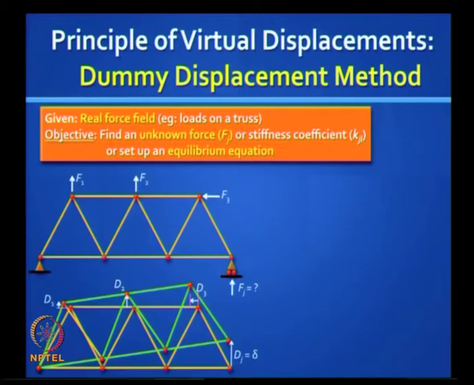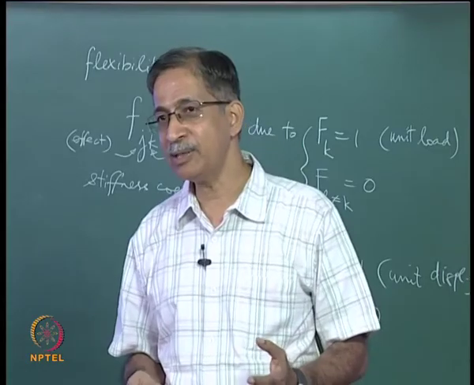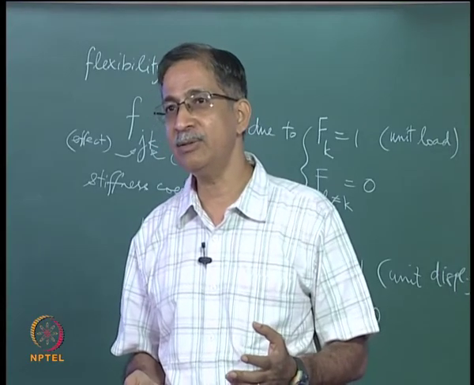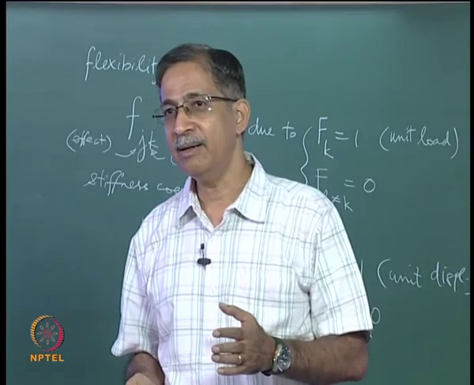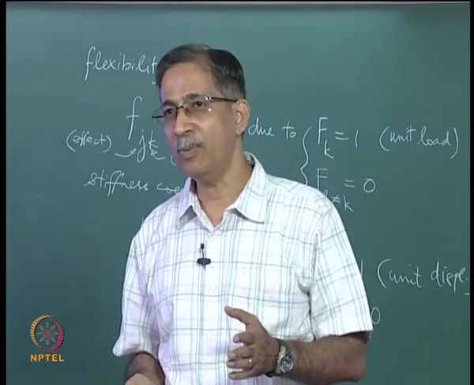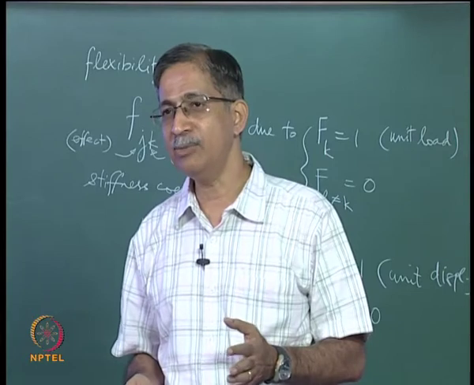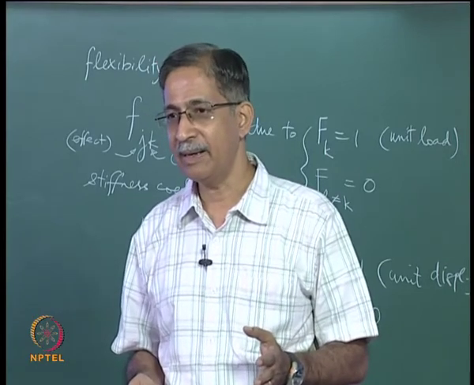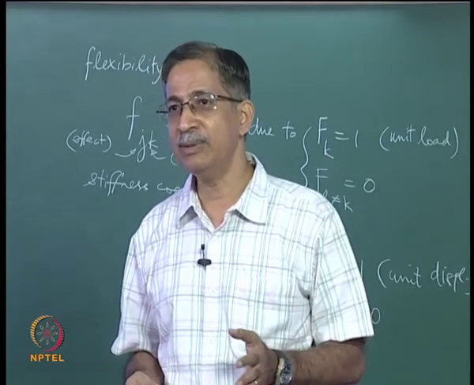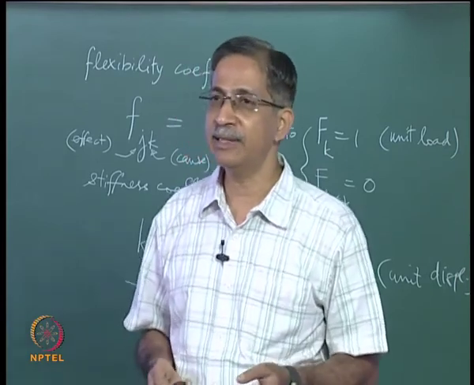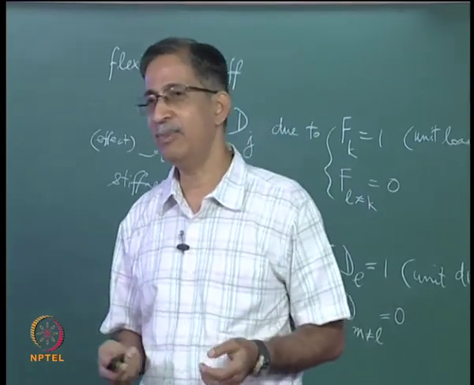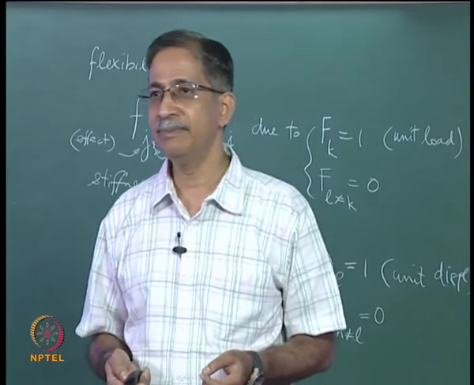So you have rigid body movements, and so it is possible for you to figure out how much those locations where 1, 2 and 3 are applied, how much they will move, and once you know those values d1, d2, d3, you can invoke this theorem. They are rigid body movements, so it is easy to calculate.